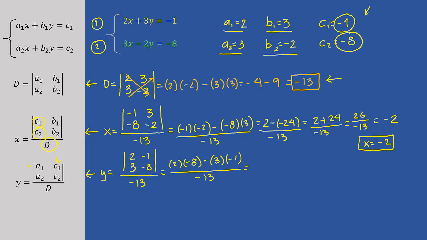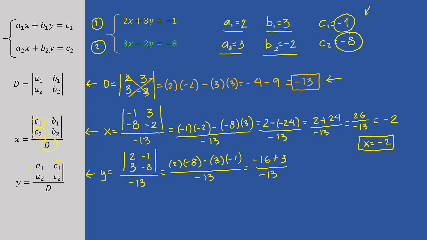Okay, now we multiply. 2 times minus 8, minus 16, minus 3 times minus 1 is minus 3. We can skip that step, and we know that it's going to be negative times negative and becomes positive. So we can write positive 3, okay, over minus 13.